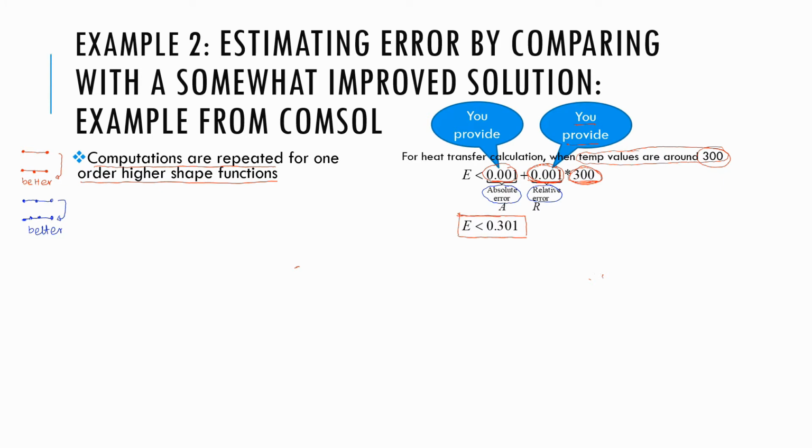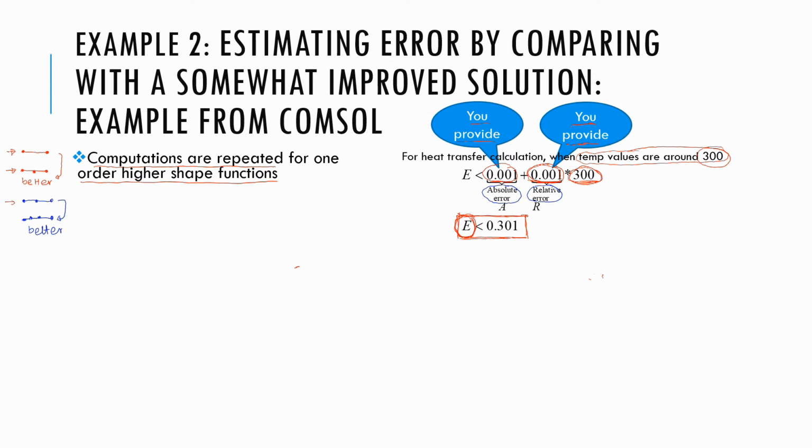So you are saying that the error in my computation needs to be below 0.301. That's what effectively you are saying when you are providing these two numbers. This error E is the difference between two computations. So if you did a two-noded element computation, then you repeat it for a three-noded element, and the difference between those is what we are calling error.